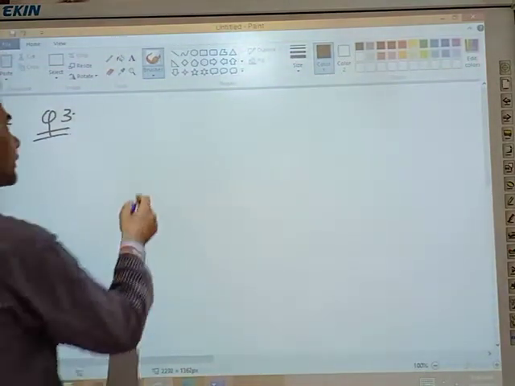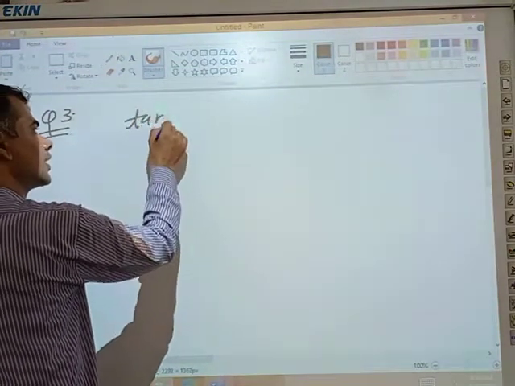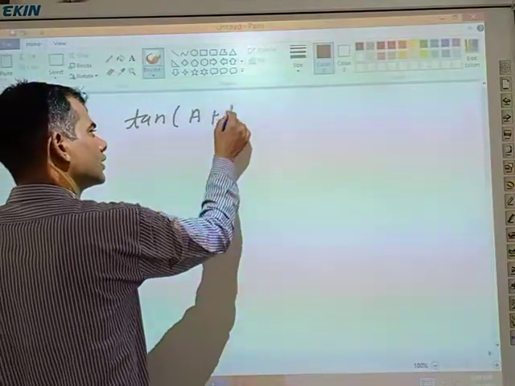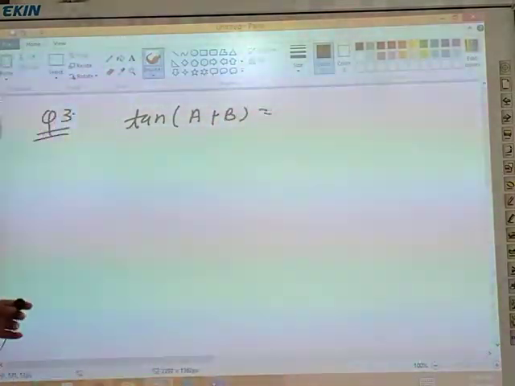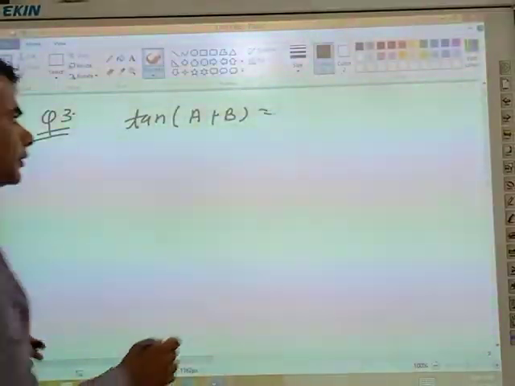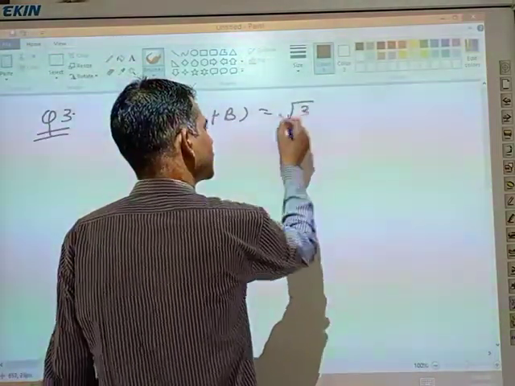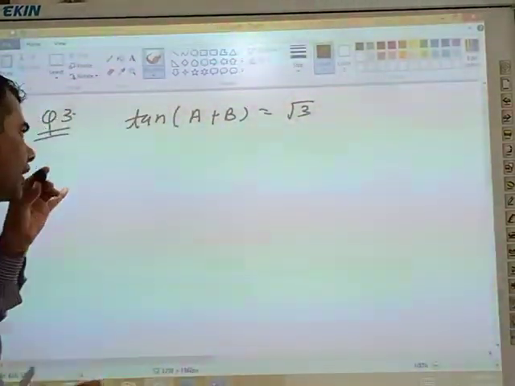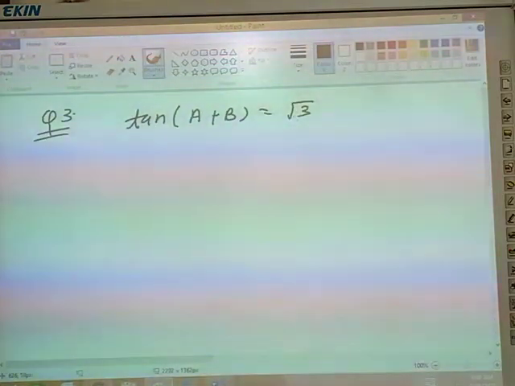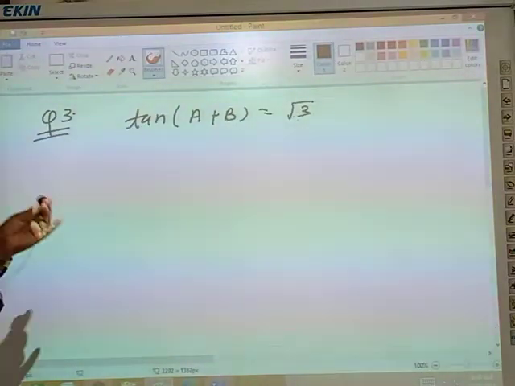Tan of a plus b is equal to root 3. In the tan table, root 3 is at which angle?